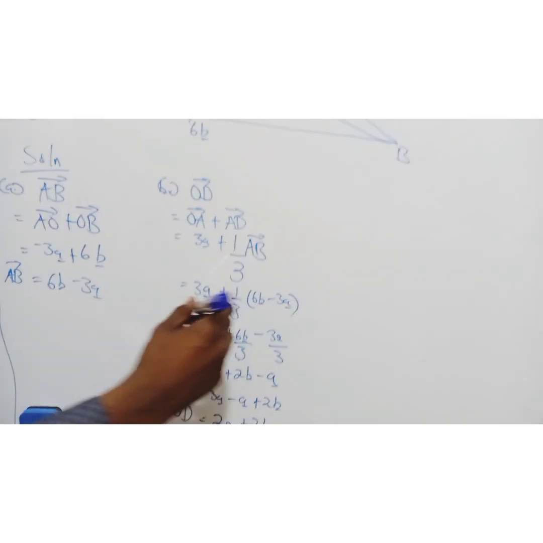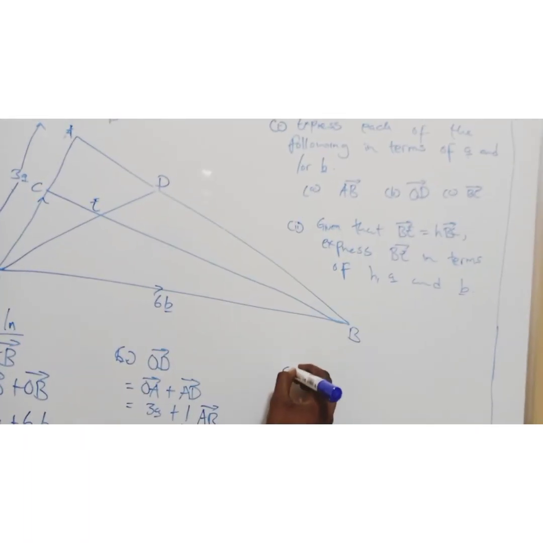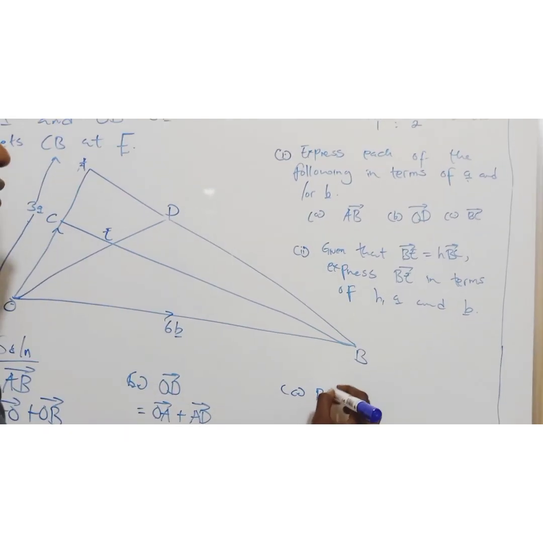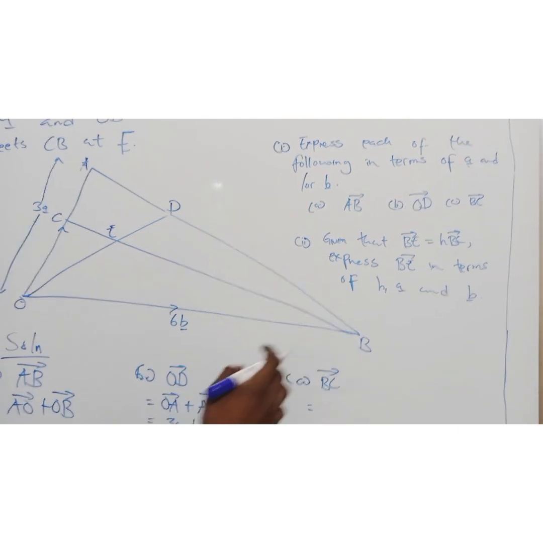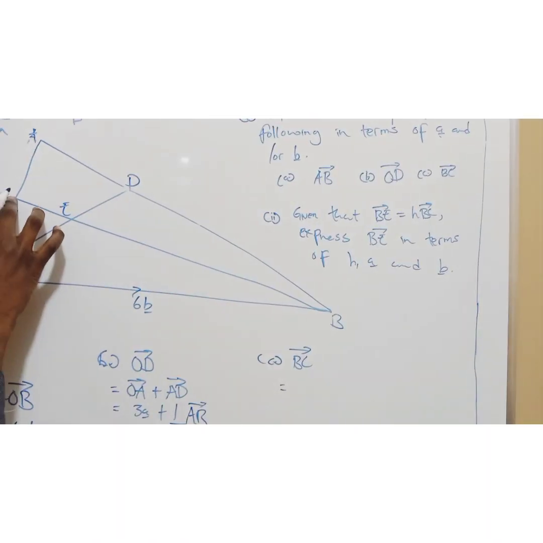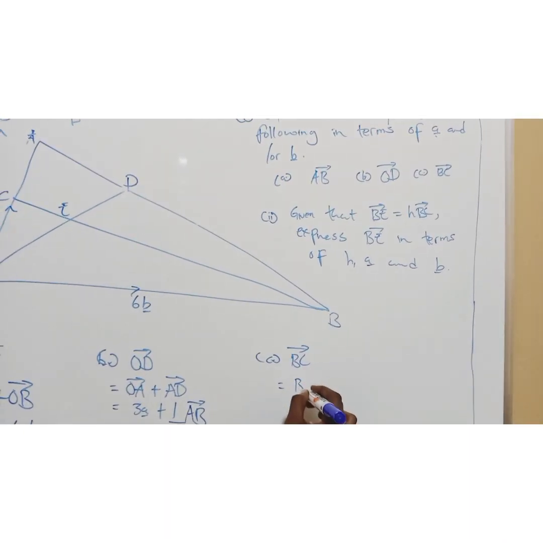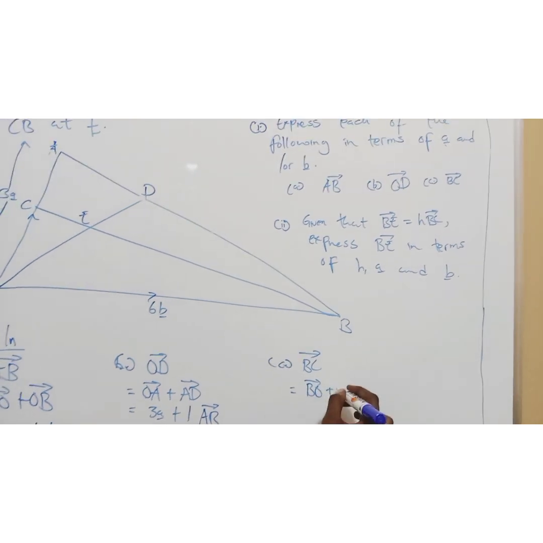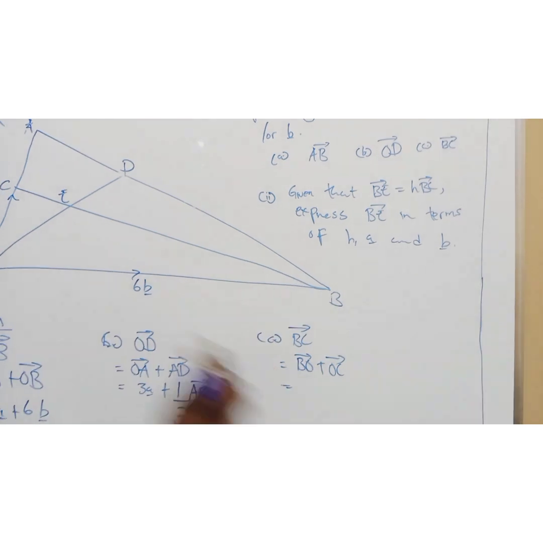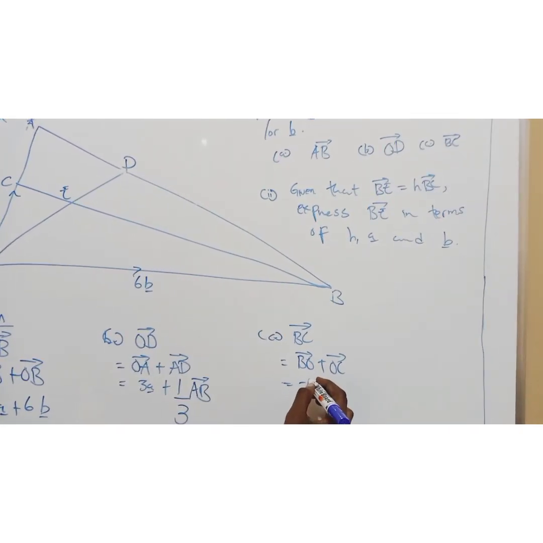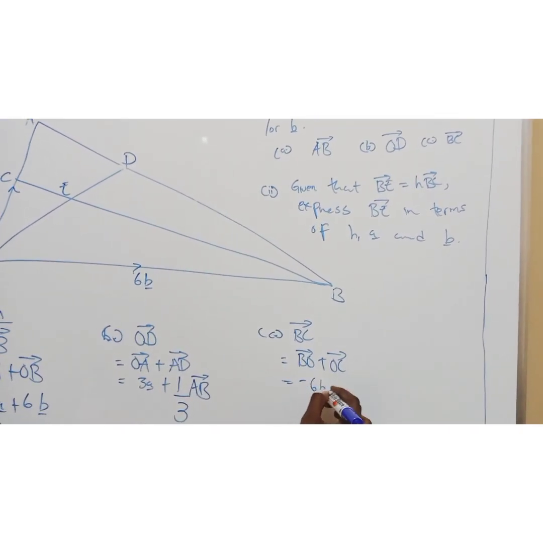Okay, let's look at BC. Vector BC. So BC will be BO plus OC. So what is BO? This is negative 6B. Why negative?